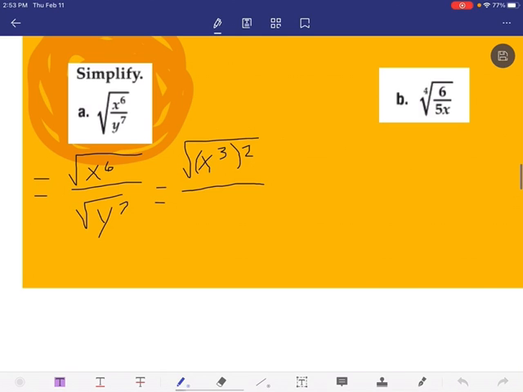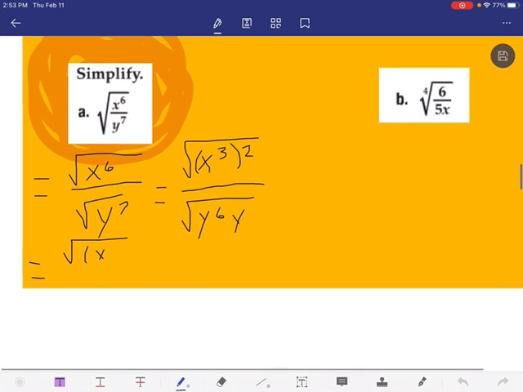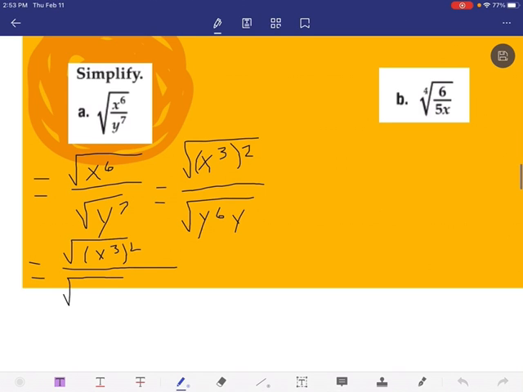The closest thing that we're going to be able to break off is y to the 6th, and then we would have a y left over. When we do that, we can now rewrite our y to the 6th as y to the third, squared, just like we did our x.